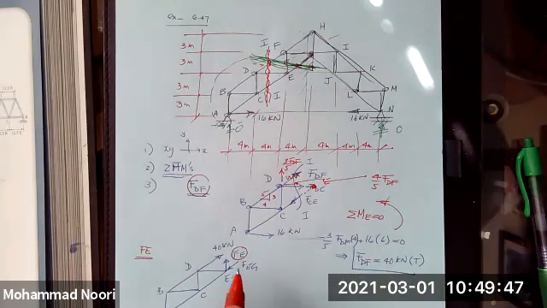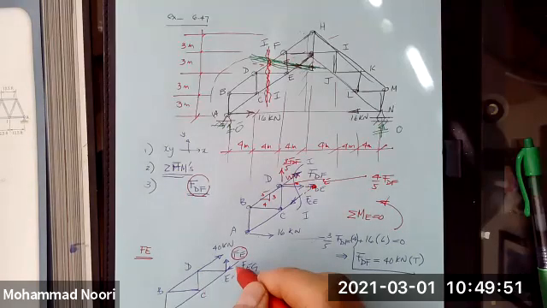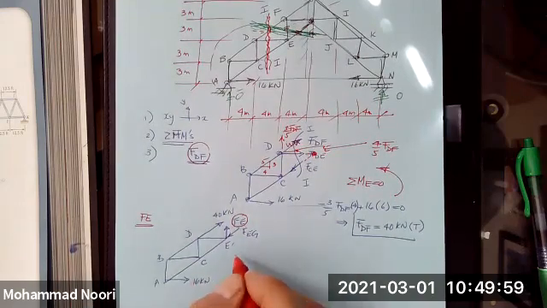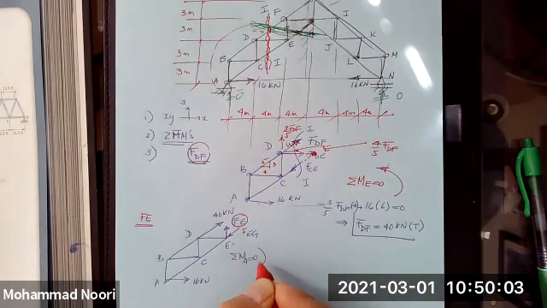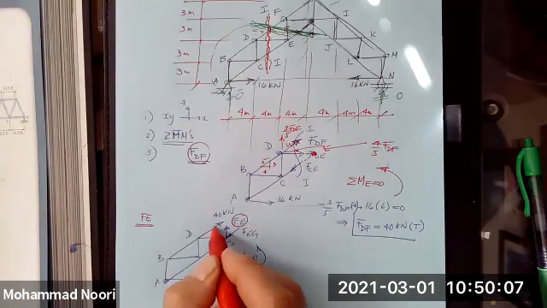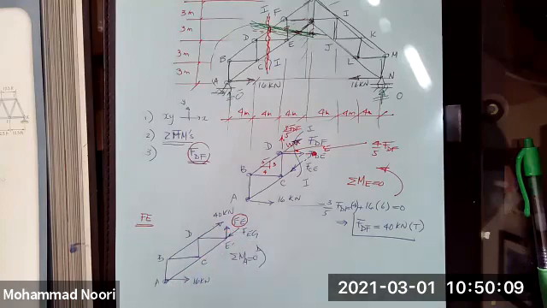I only want to find this one. So how do I get rid of this unknown? By writing the right moment equation. Easy, right? If I take summation of moments about point A equal to 0, this force goes through that. This is known. This is the unknown.